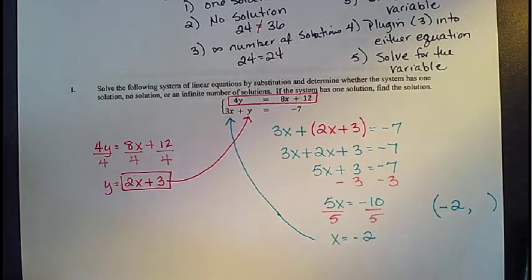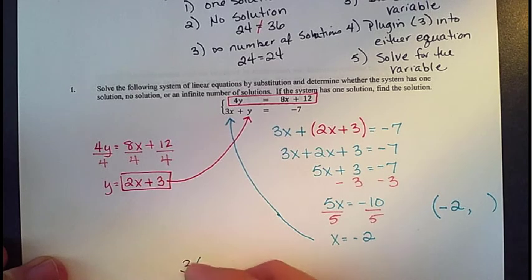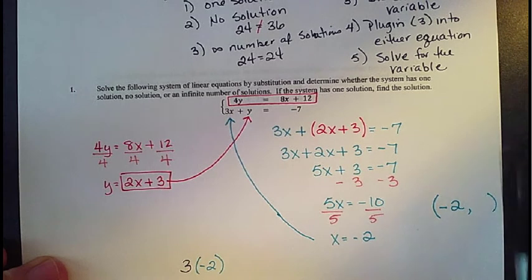So, this is going to be 3 times the negative 2 that I had solved for, plus y is equal to negative 7. Well, 3 times negative 2 is negative 6, plus y equals negative 7. Add 6.